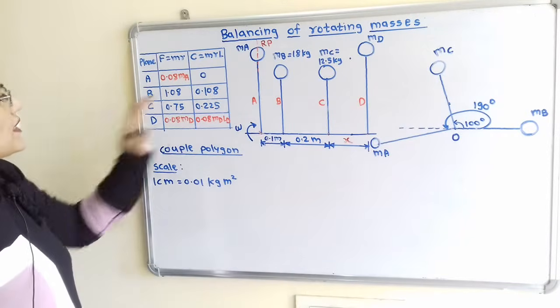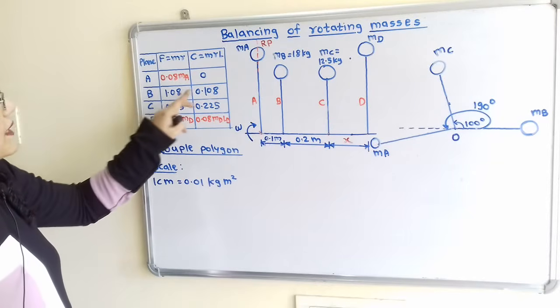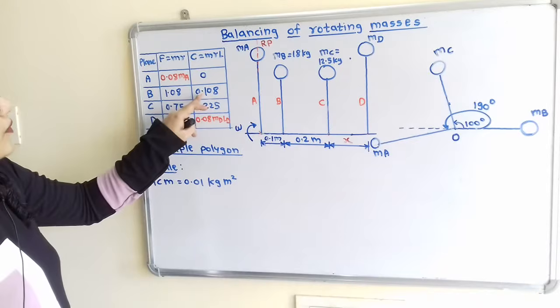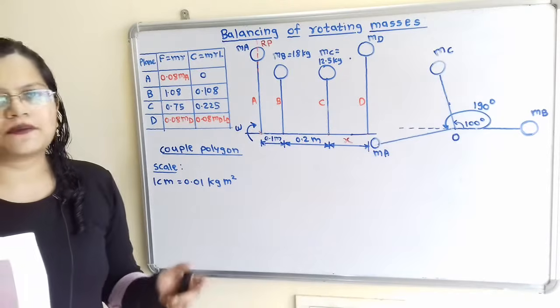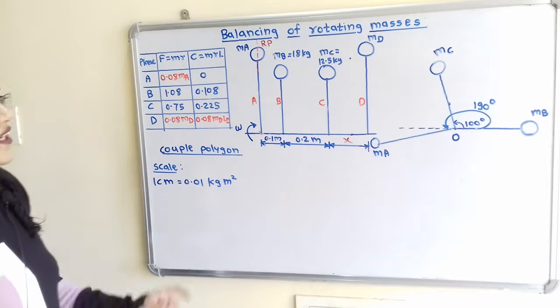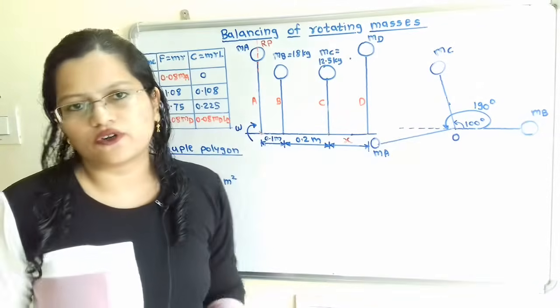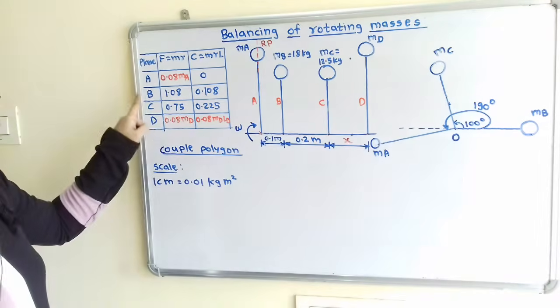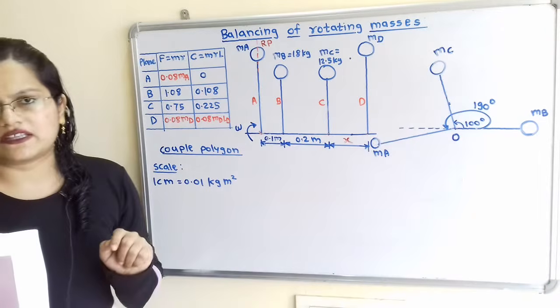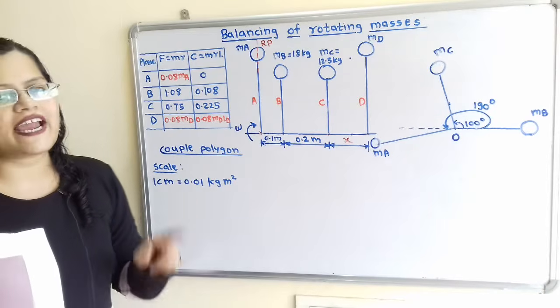Now as per this scale, we will first take this plane B. For this plane B, the value is 0.108. So as per scale, we have to take 10.8 centimeter. Now what is the angle for B? It is at 0 degree. The couple value is having positive sign, so the direction is towards the right hand side.